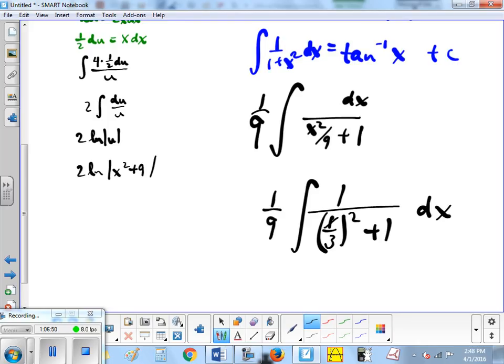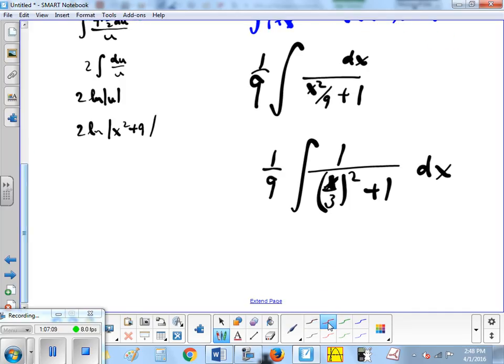See? We need it to look like something squared. So it's x over 3 that's being squared. You might remember doing this from homework way back in chapter 3. Okay, now we'll do a quick little u sub. We will let u equal x over 3 so that du is 1/3 dx.